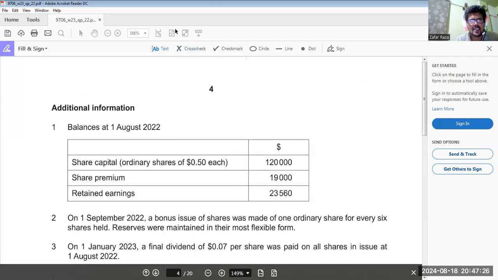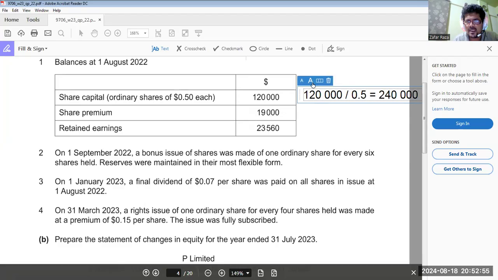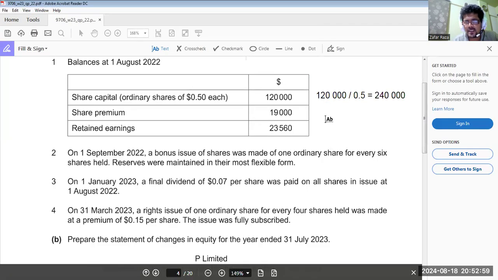Okay. Now, next, we are given additional information. Share capital on 1st August 2022 at the start of the financial year, $120,000. So the number of shares would be 120,000 divided by 0.5, so it means 240,000 shares are available.